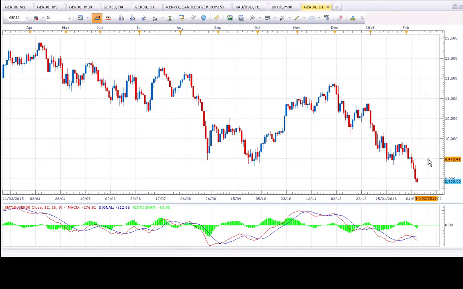What direction is the market heading? This is a 6-month chart of the German DAX. If you gave that to a 6-year-old child and asked, what direction do you think that's heading? They'll probably tell you it's heading down. So you want to find out, is it up, down, sideways, which way is it moving? Moving averages can help you with that, but get into the habit of identifying your trend.